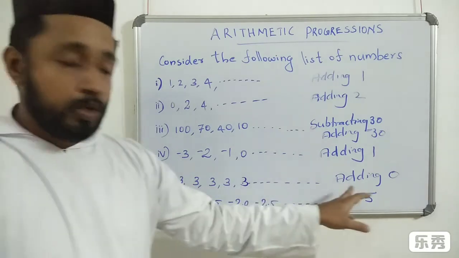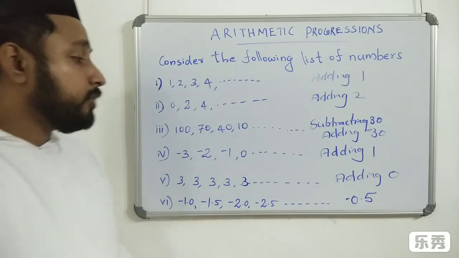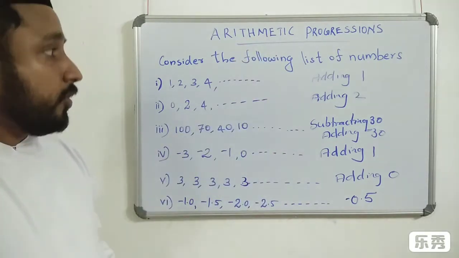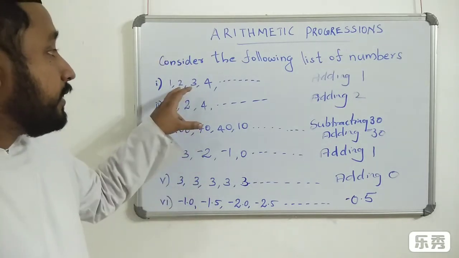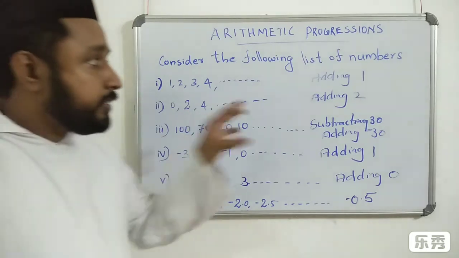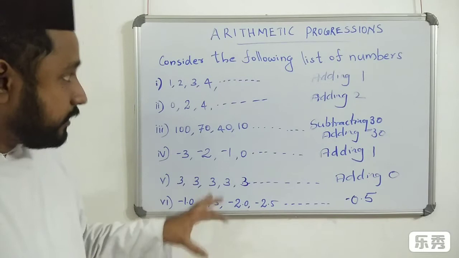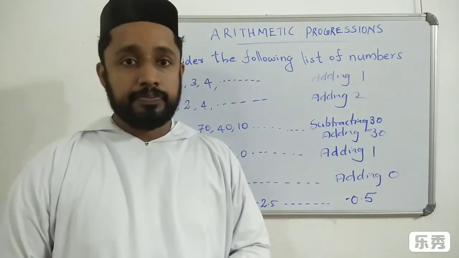Here, adding 0: 3, 3, 3, etc. Here, adding minus 0.5. So all these examples show that in each case, we get the next term by adding a fixed number to the preceding term.